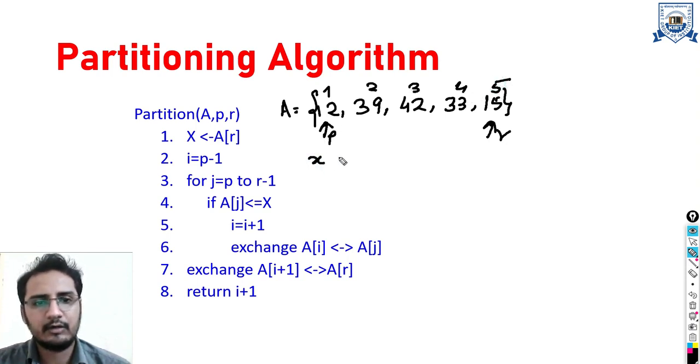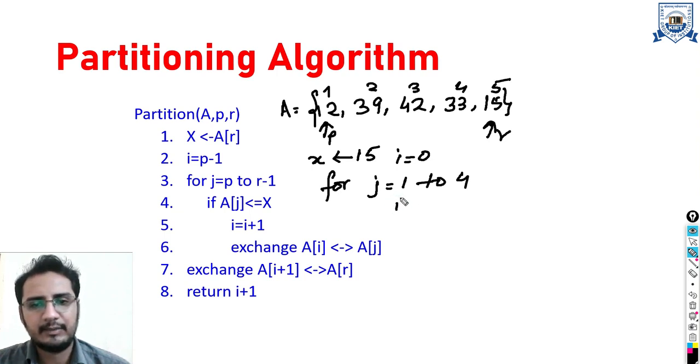Now according to the algorithm, X will get the value A of R, that is A of 5, which is 15. I will get the value P minus 1, that is 1 minus 1, which is 0. Then you will run the loop for J equal to P, which is 1, to R minus 1, that is 5 minus 1, which is 4. Now start comparing.